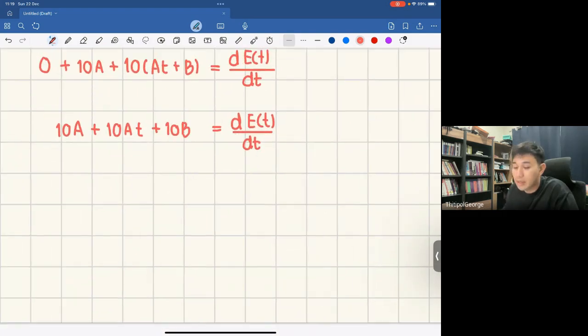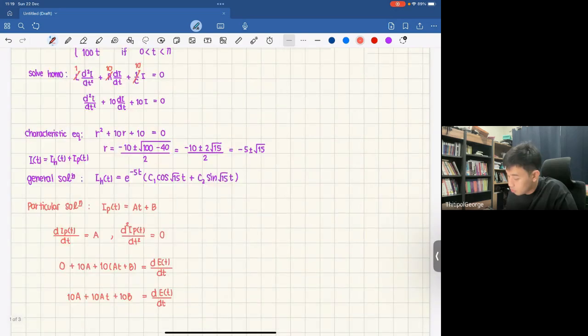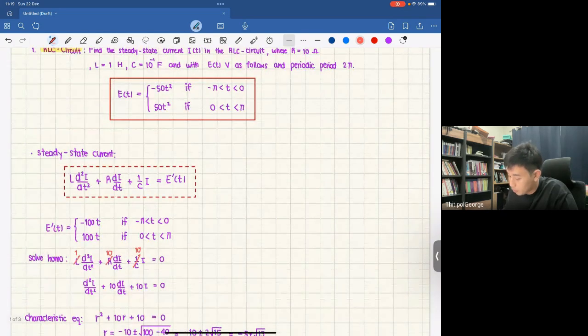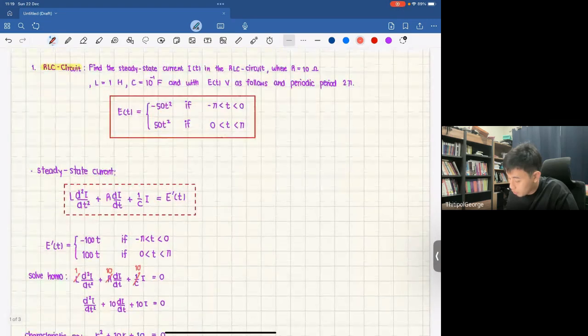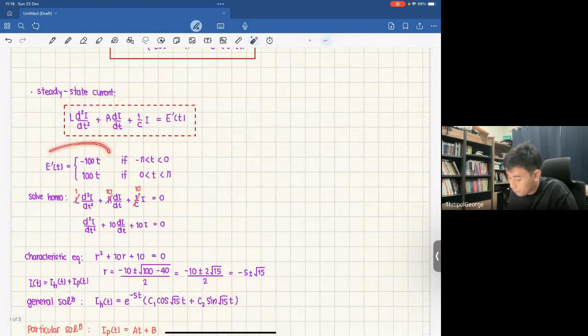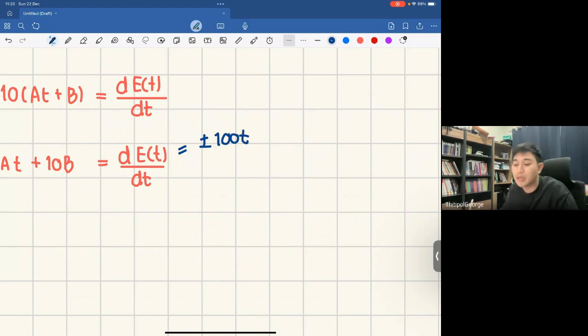On the right hand side, we need to compare with this one. So you get either plus 100t or minus 100t. So this one should be equal to plus or minus 100t.